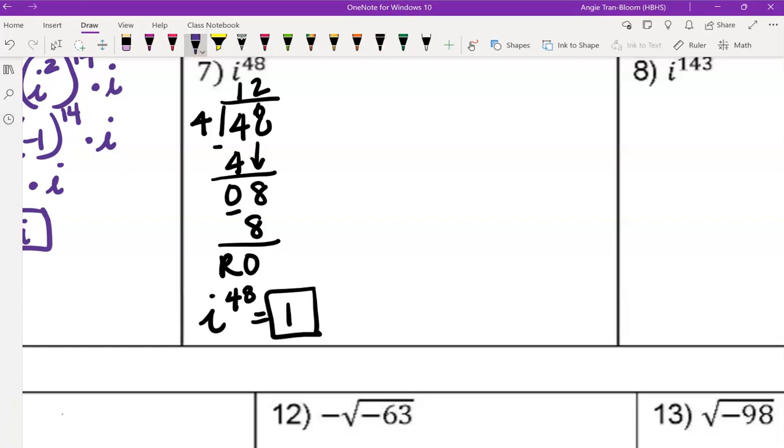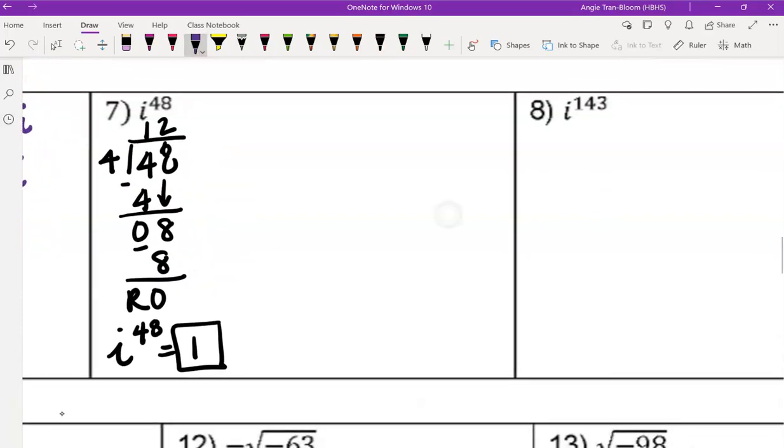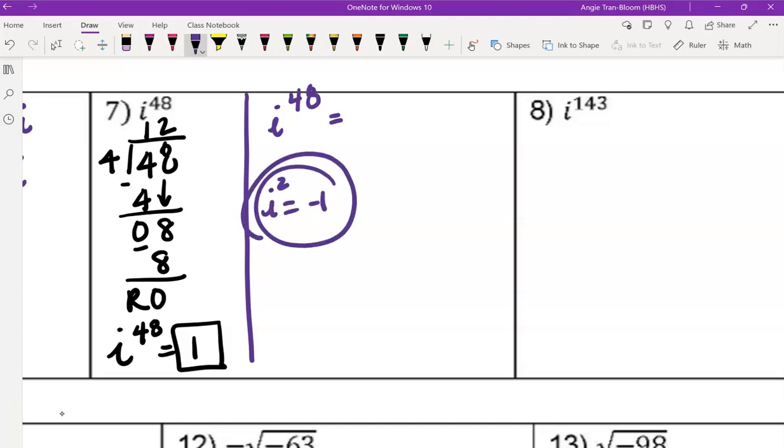And I'm going to try the second method. Okay. As long as you get the same answer, it doesn't matter. i to the 48th, guys, all I know is i squared is going to be -1. This is all I need. For i to the 48th, if I were to make i squared, I would need how many pairs of i squared? That's what you're trying to get to.